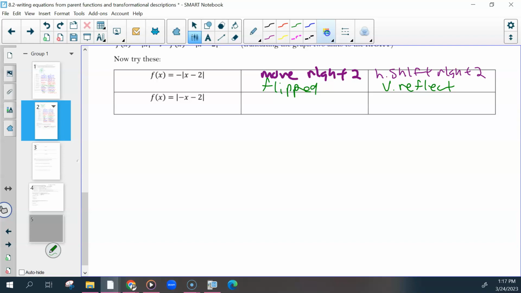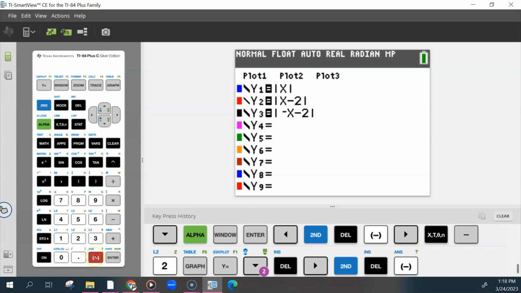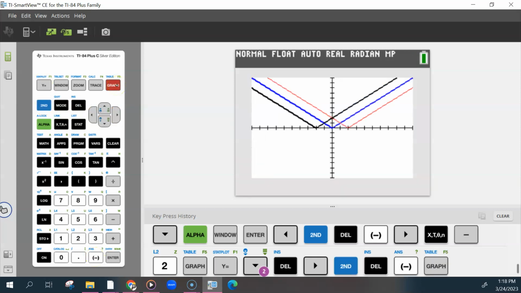Then I'm going to show you what happens with this other one. I'm going to keep the first 2, but change my negative to be on the inside. So different positioning.